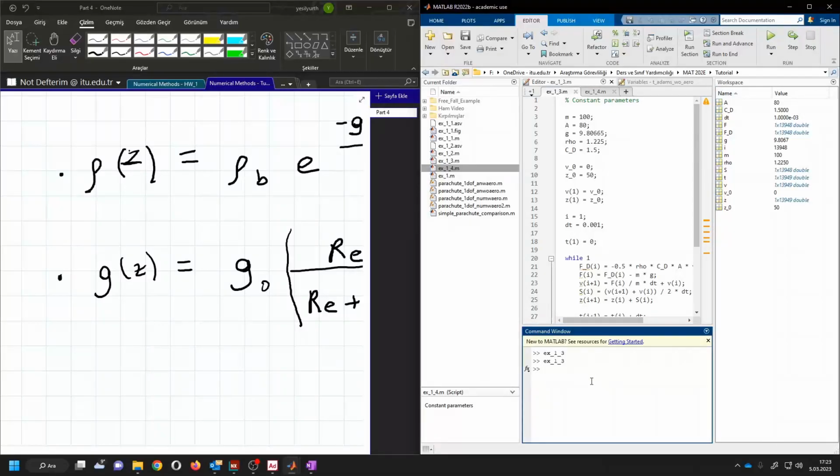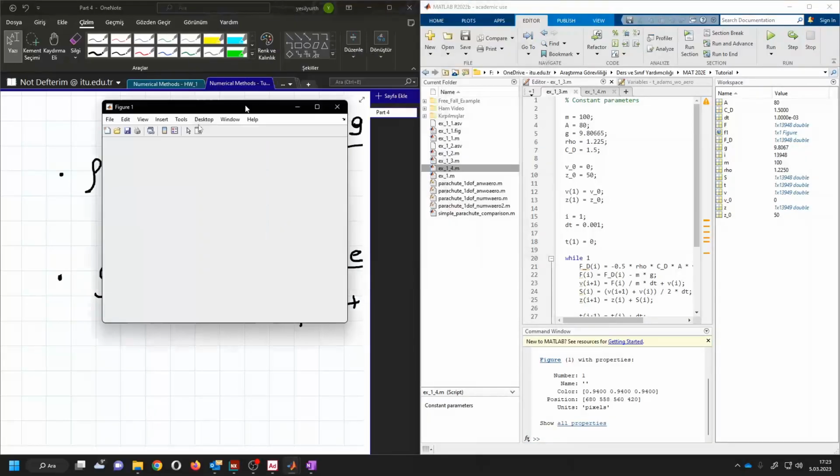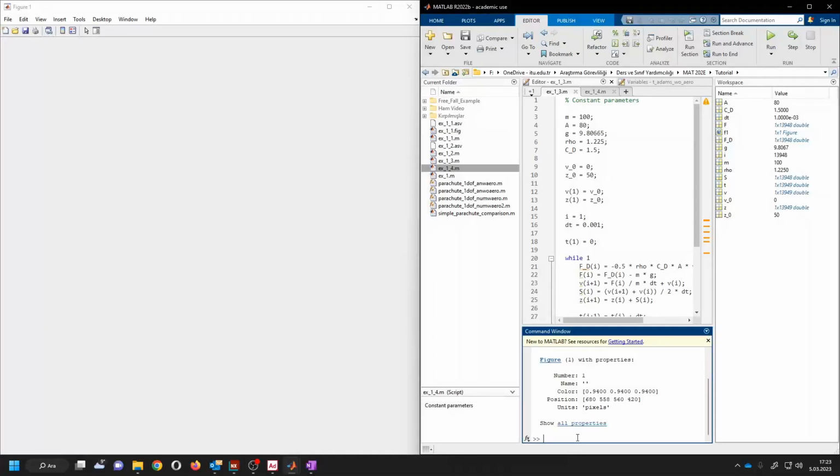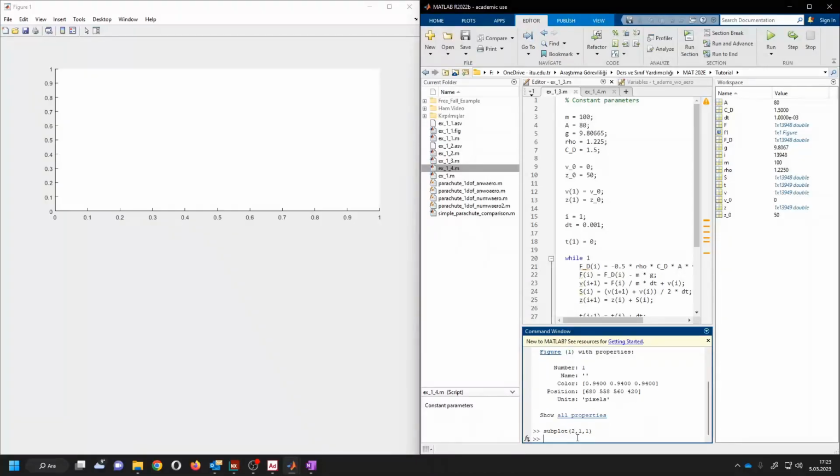I will plot my graph. Let's say F1 is figure 1. Put it here. Subplot 2, 1, 1.